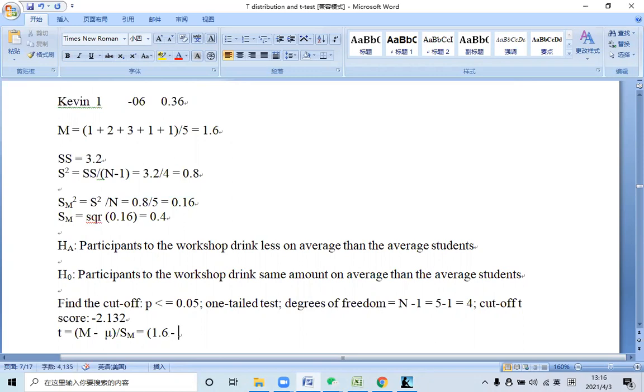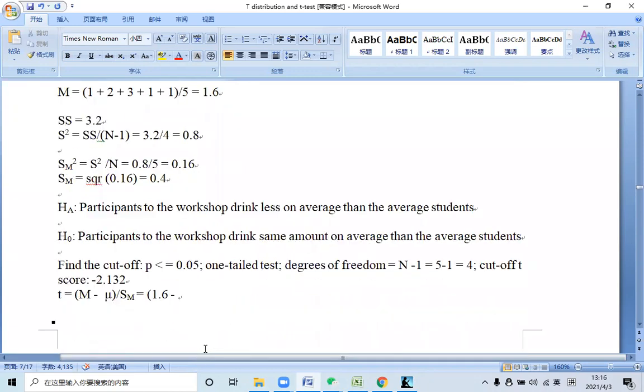And the population of college students have a mean of four beers. I remember the standard deviation we estimated. Here's the estimated standard deviation, 0.4.